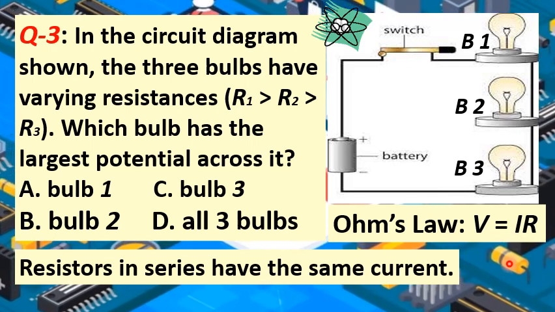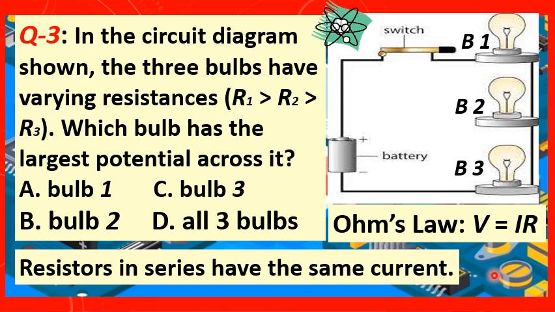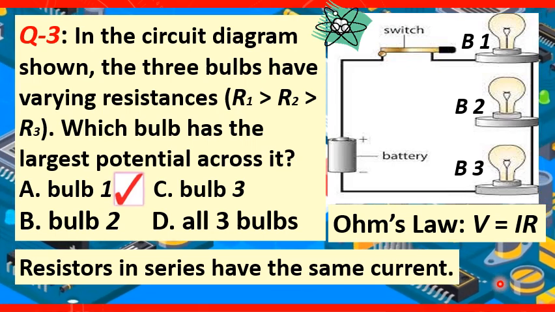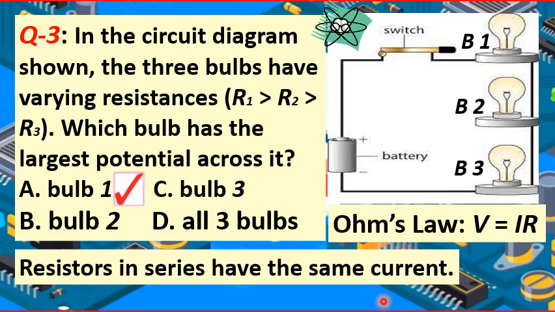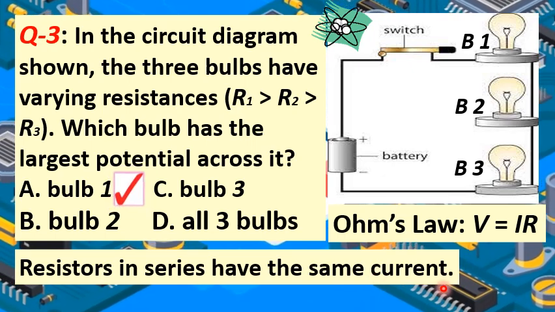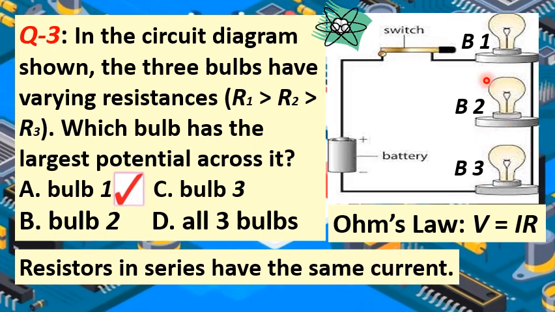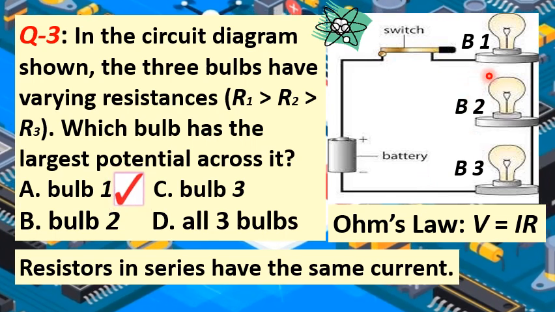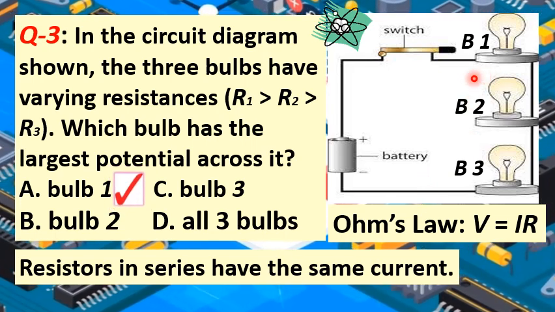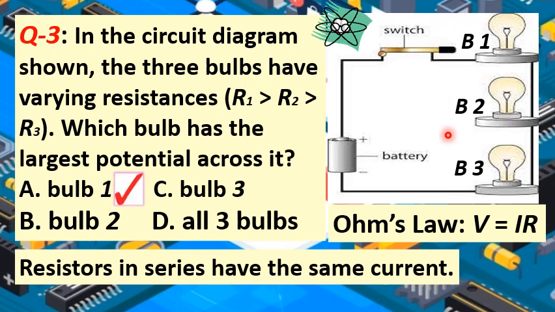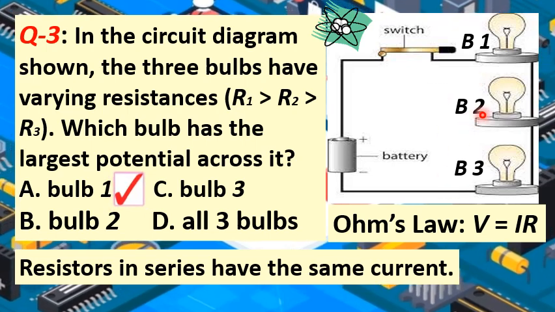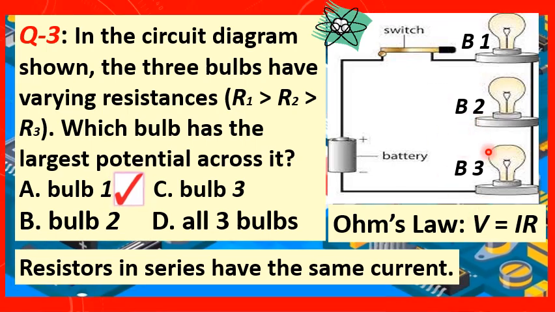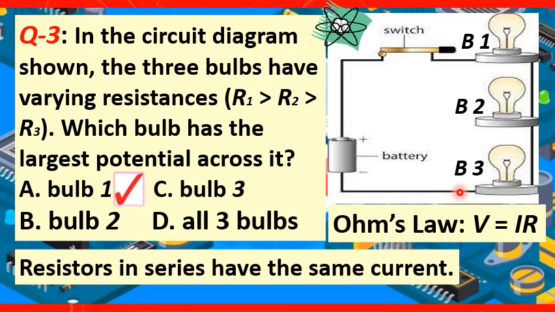So, our answer therefore for this question is option letter A. It is bulb 1, the bulb which has the largest resistance will also have the largest voltage across it or electric potential.